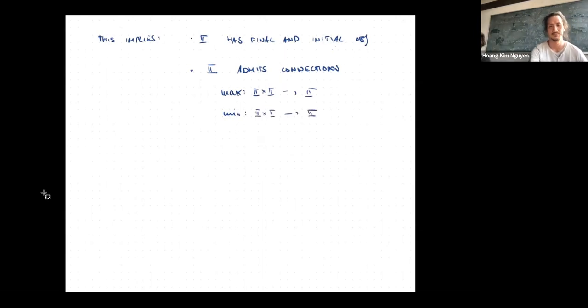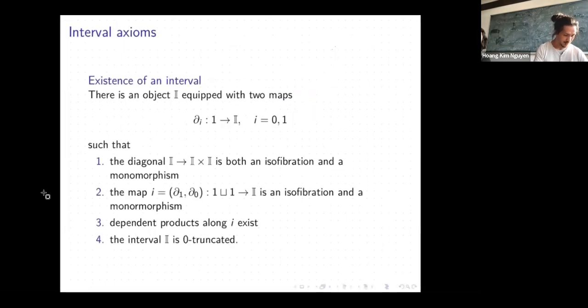Okay. And then remember, I want to talk about the third property of the interval, namely that the Pattern product along these maps exists. So this will give us a join operation on the interval, on the tribe.